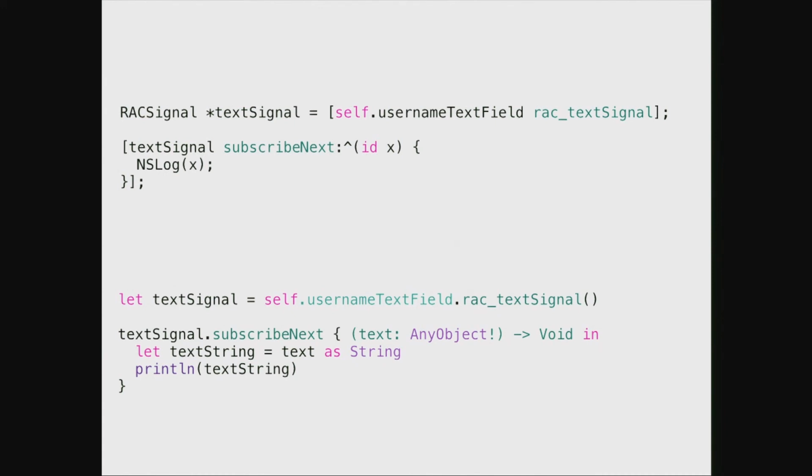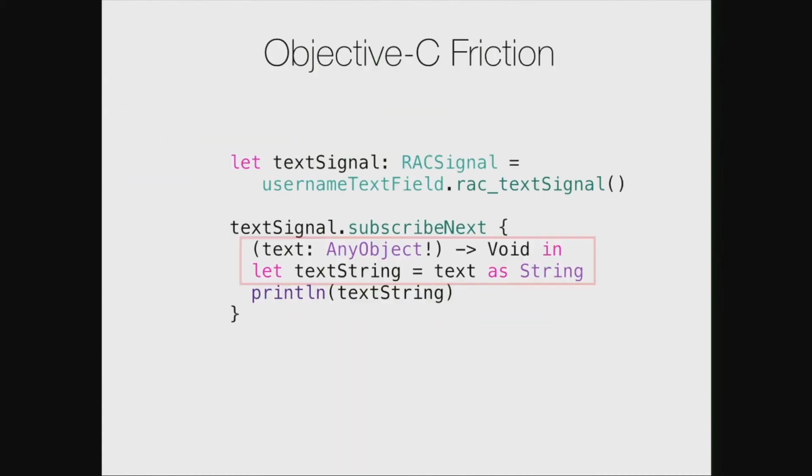You'll see the subscribe block in the Swift version of the code has got some fairly nasty looking stuff going on. This is a result of friction between Swift and Objective-C. The way that objects are represented in Objective-C, because anything can be nil, they have to be represented in a certain way with Swift. Anything that comes from an Objective-C API has to be pretty much assumed to be an AnyObject. And the exclamation mark here is an implicitly unwrapped object, or I like to call them surprised objects.